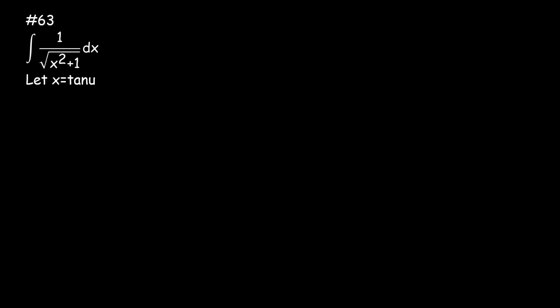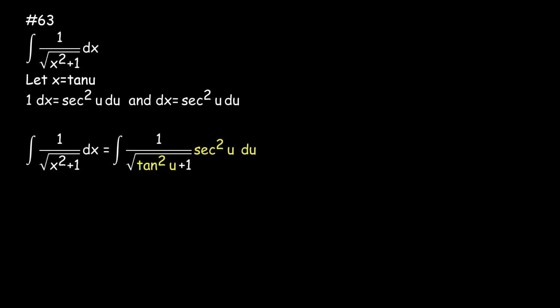In that case, the derivative of x would be sec squared u du. So we replace everything into the equation. This would be the integral of 1 over tan squared u plus 1 times sec squared u du. Now that denominator, which is tan squared u plus 1, will be sec squared u.